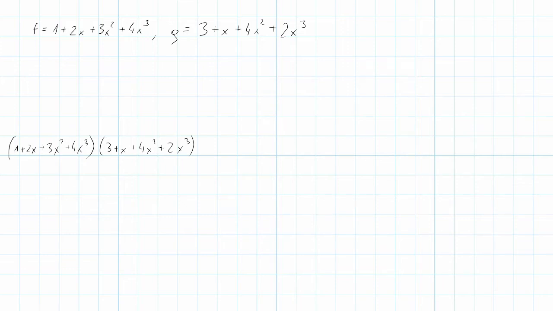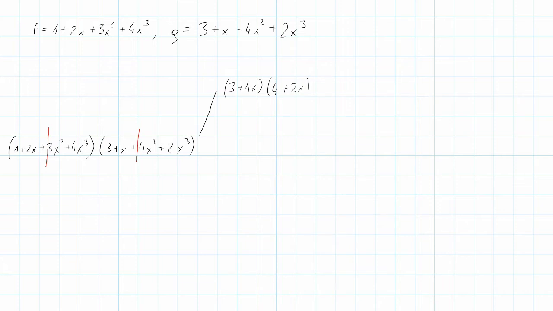We need to split both polynomials at half, so here and here, and we need to separately compute the product of the upper, lower parts and their sums. So the upper parts will be 3 plus 4x times 4 plus 2x.